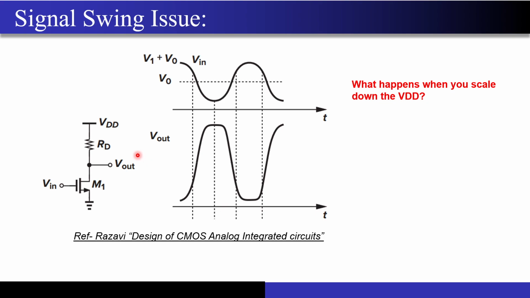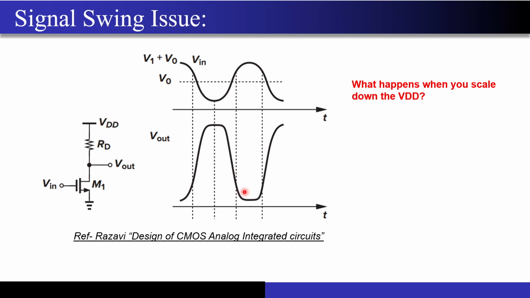So now that this part is clear, let's see what happens. For the 180 nanometer technology node, your supply voltage will be close to 1.8 volt, and if you go to maybe 28 or even 45 nanometer, this supply voltage will drop from 1.8 volt to around 0.9 volt or maybe 1.2 volt. Correct? Now can someone tell me what will happen to the output swing of the amplifier if the value of VDD is reduced?